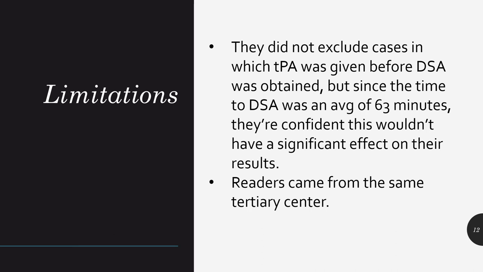They did not exclude cases in which tPA was given after CTA but before DSA was obtained, but they argued that since the time was an average of 63 minutes between these two, they are confident that it wouldn't have a significant effect on their results. Finally, their readers came all from the same tertiary center.